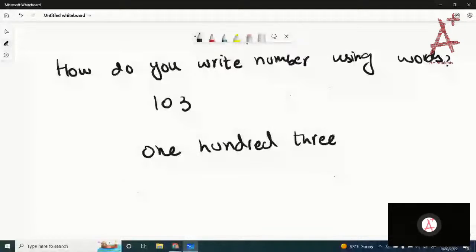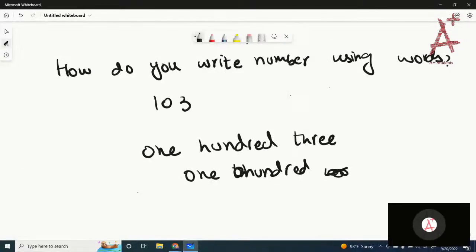So which is the correct option? Which one is the correct one? The second one. Good. 100. Sorry, the first one, 103, because you have the digit at the ones position, it is 3. You also have a digit at the tens position. So the correct option is 103.